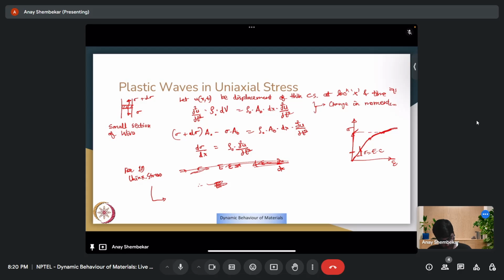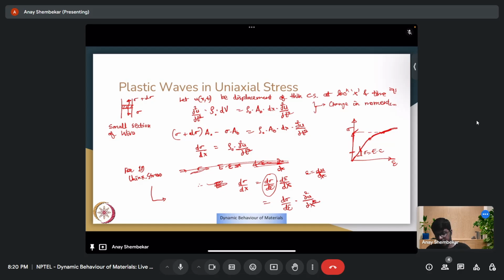So we can write d sigma by dx is equal to d sigma by d epsilon times d epsilon by dx. We still don't know what this is, but we know that epsilon can be written as du by dx for this 1D uniaxial stress case. So you have d sigma by d epsilon dou square u by dou x square.